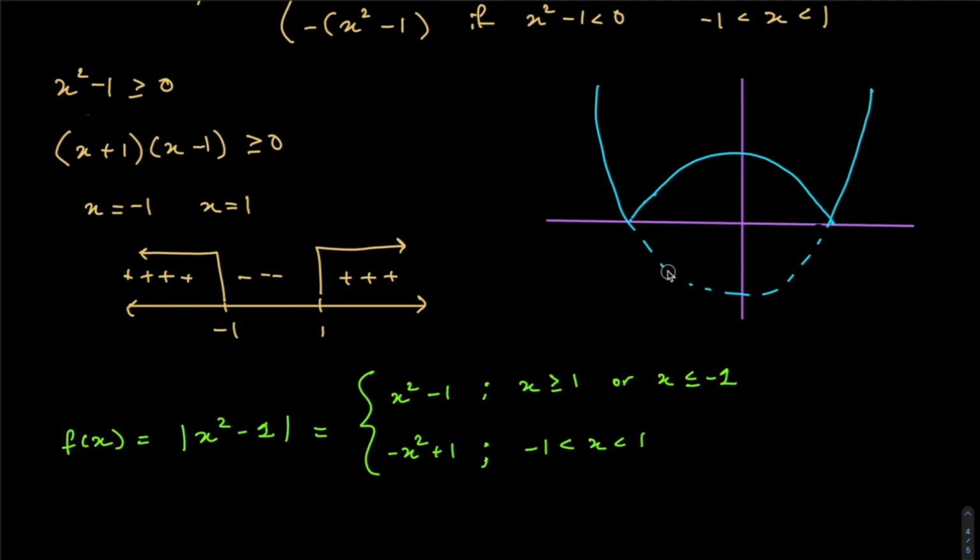Whatever is negative is basically a mirror image with respect to the x-axis right here. That's all that's being done. You can try it on your own. Go to Desmos after you've plotted the graph on a piece of paper, and then check it on Desmos.